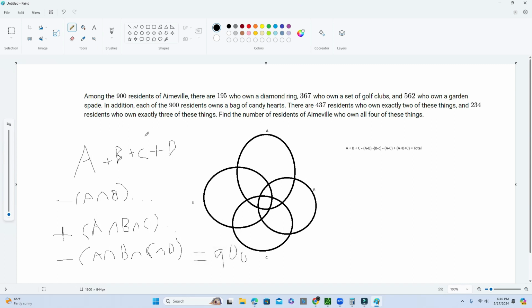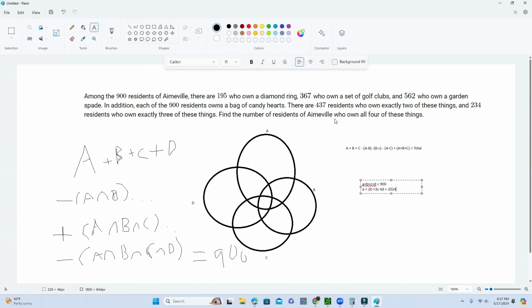So our goal is to find the overlap of A, B, C, and D, essentially. The way we'll go about doing that is forming an equation. We're going to set up two equations. We have A plus B plus C plus D equal to 900. In the next equation, we have A plus 2B plus 3C plus 4D equal to 2024. Why?